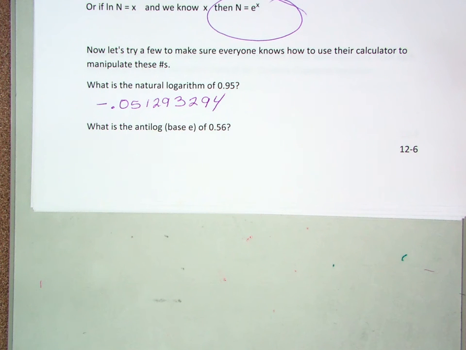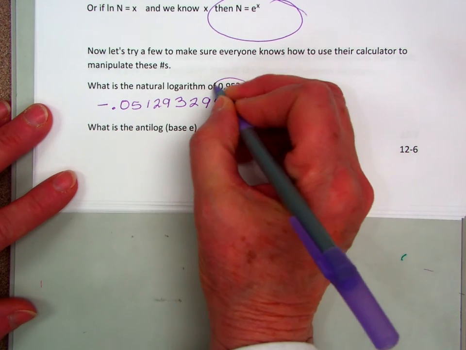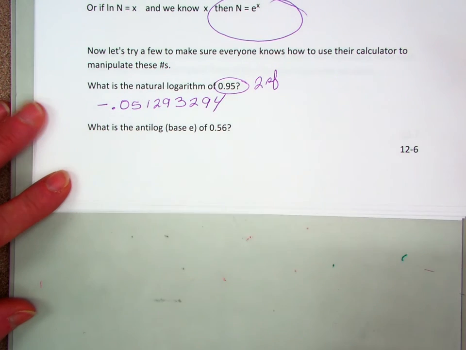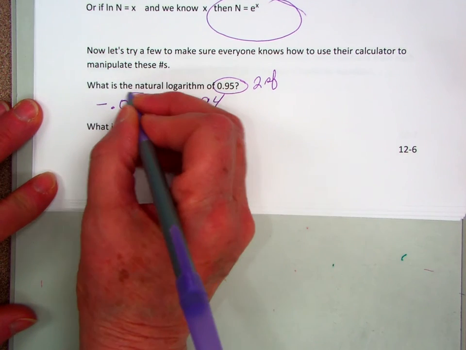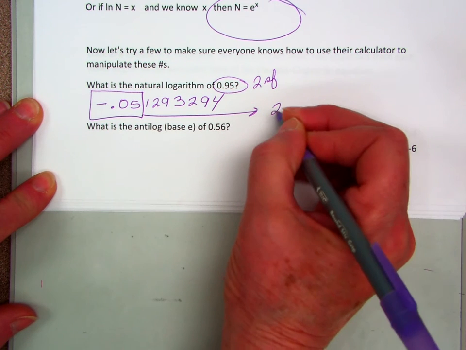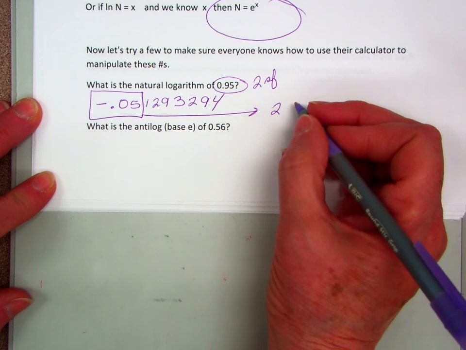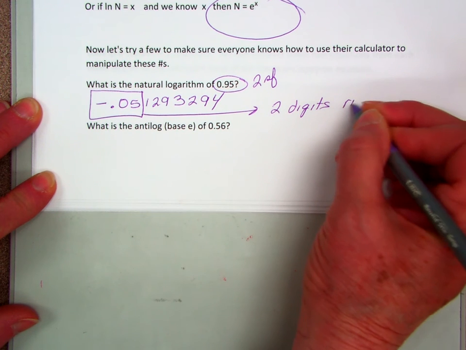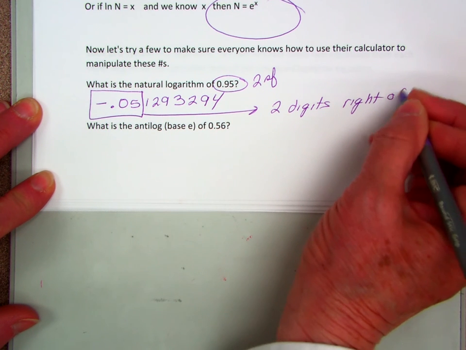Okay, so now when we think about the sig fig rules for logs, this number 0.95 has two significant figures. So the rule for logarithms is we report all the digits to the left of the decimal point, and then we report two digits to the right of the decimal.